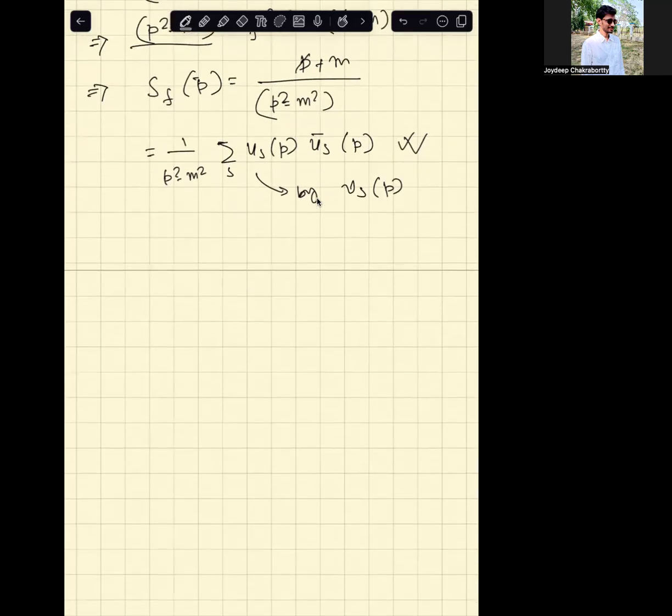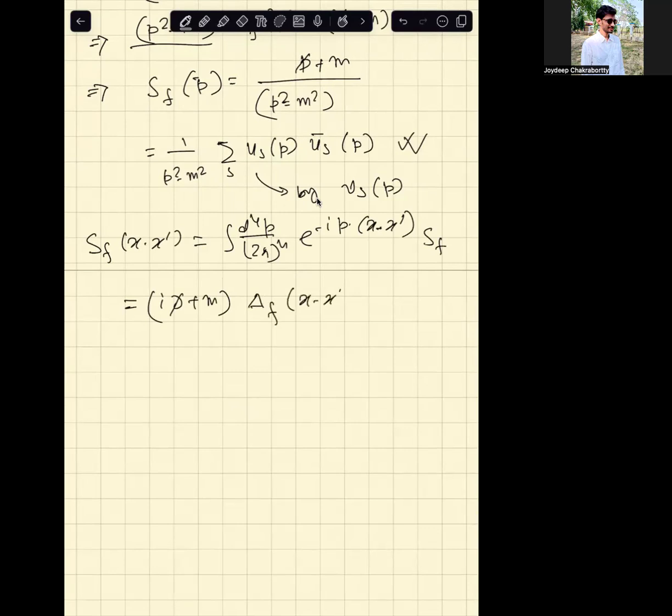And in position space, this can be written by using the Fourier transformation. So you write down ∫d⁴p/(2π)⁴ e^{−ip·(x − x′)} S_F(p), and you can write it down as Δ_F(x − x′). So Δ_F is basically the propagator.